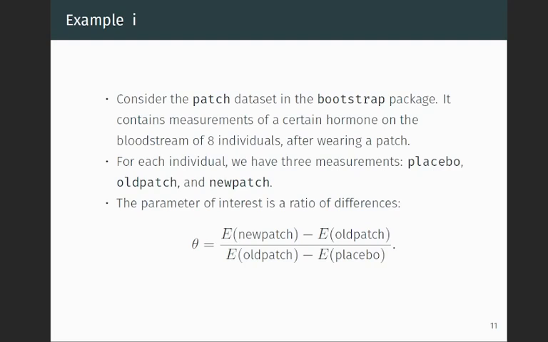And if theta is negative, then this would essentially mean that the expected value of new patch is less than the expected value of old patch, assuming that the denominator is positive. And so a theta that is negative would be an indication that the new patch is worse than the old patch. So that's the parameter of interest. We're interested in estimating this parameter.